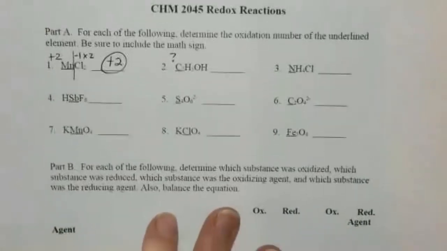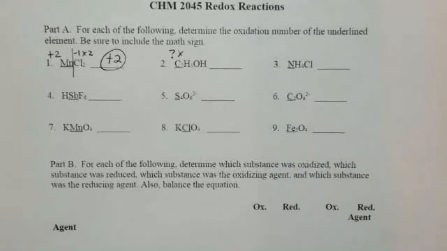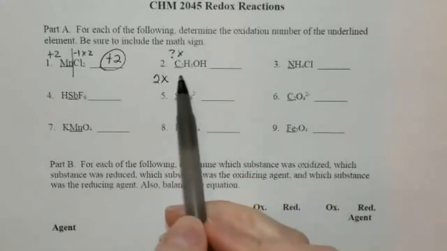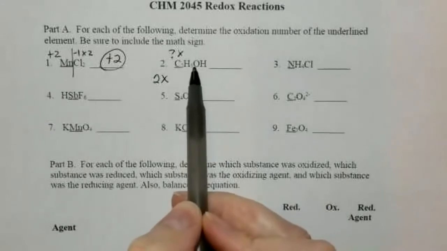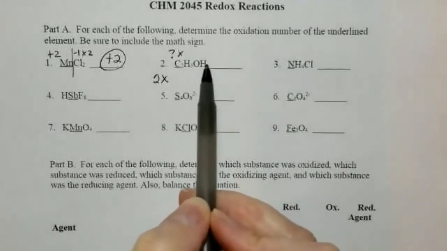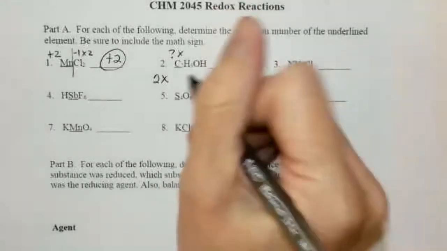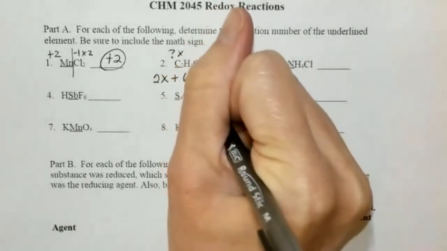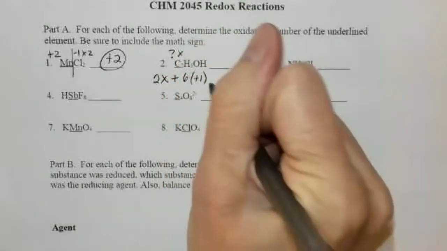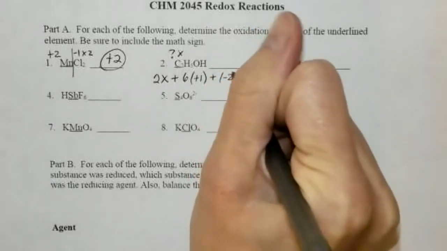All right, so I'm going to say let carbon be X, some integer X. So I've got 2 carbons, so 2 times that charge of X, whatever the X charge is for carbon, we don't know the oxidation state. Then with hydrogen, I've got a total of 6, 5 plus 1. So I'd have 6 hydrogens, each with a +1 charge. And then my oxygen, which is a -2 charge.